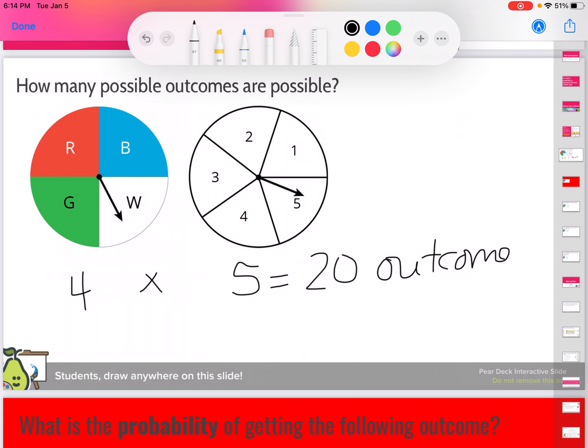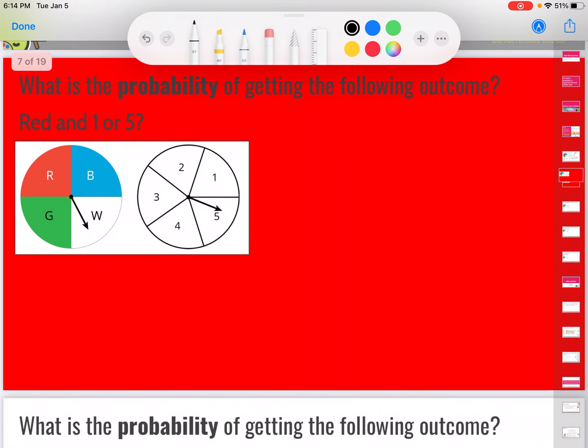I could also draw a T-chart where I go red, blue, white, green, and then I count off 1, 2, 3, 4, 5 for each one, and then when I counted all those up, I would get 20. Either strategy works.